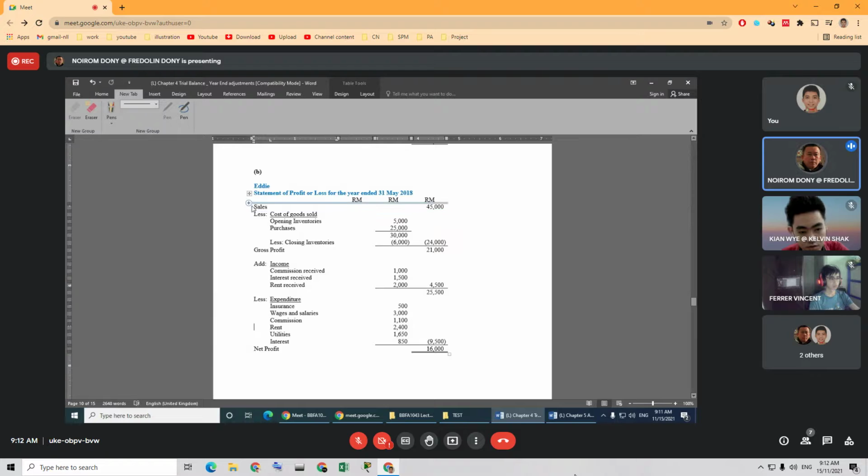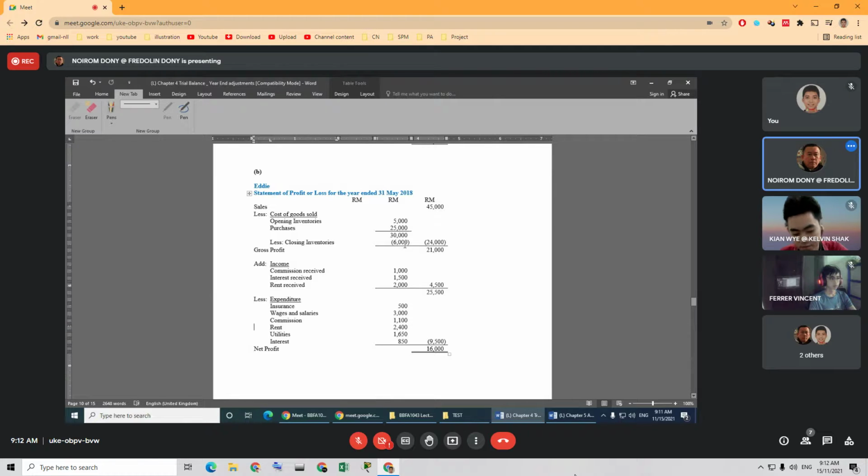Remember, the main formula is sales less cost of goods sold. Since we don't have any cost related with purchases, we don't use the first column. Straight away, we record into the second column because we only have the main items in the cost of sales: opening inventory plus purchases less closing inventory.